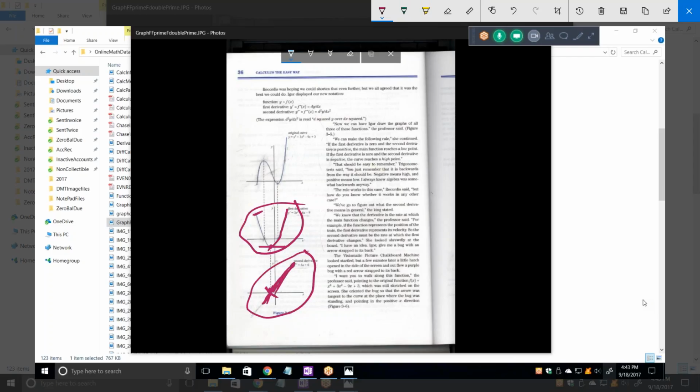So always remember that increasing means first derivative is positive, decreasing means first derivative is negative, and not increasing or not decreasing means first derivative is 0. And that only occurs at those tangent lines that have a 0 slope. No other point on that top function has a 0 slope, only those 2 spots.